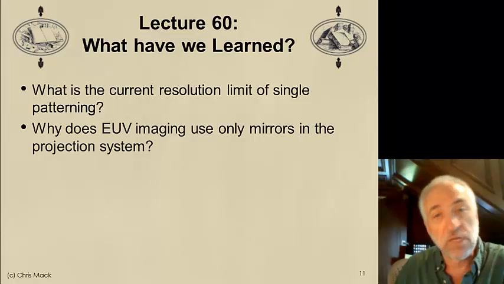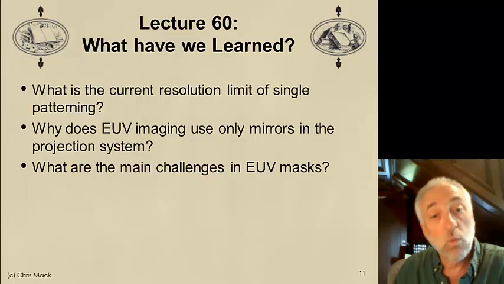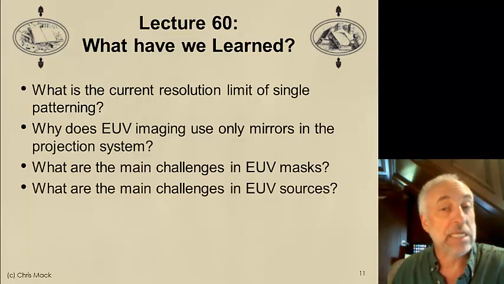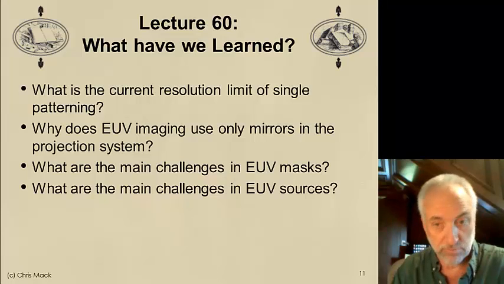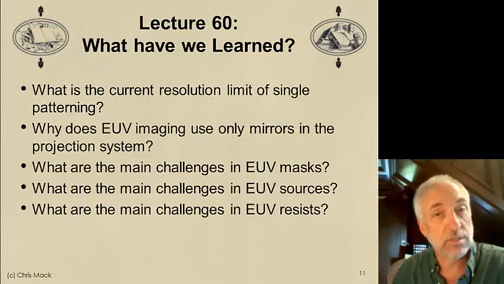Why does EUV imaging use only mirrors in the projection system? What are the main challenges in EUV masks? What are the main challenges in developing an EUV light source? And finally, what are the main challenges in developing EUV photoresists.